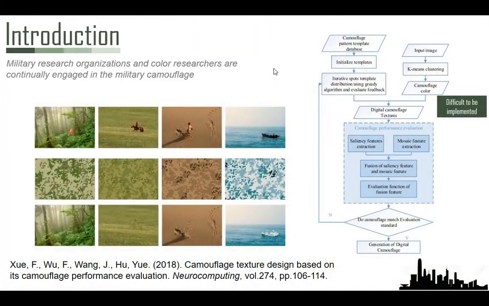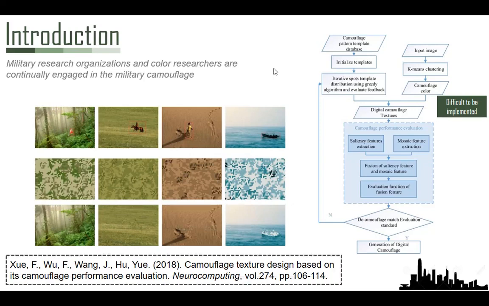There are many studies about military camouflage. For example, this study tried to construct or generate a new color and pattern based on the selected background. And the result is quite amazing because we can see that the concealment is pretty good.